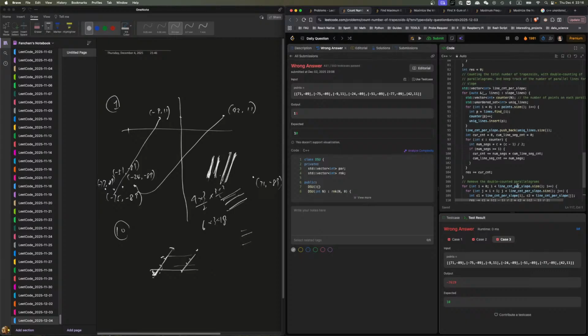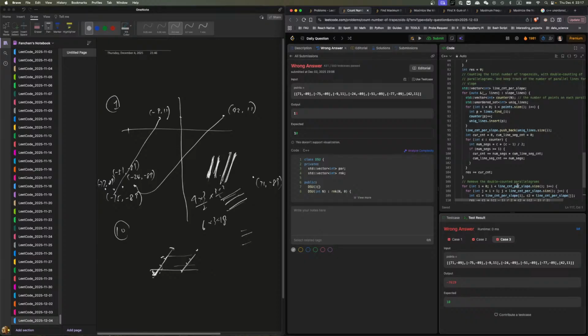The unique lines I'd expect to be the line count for each. That's not right. Oh, that is not.